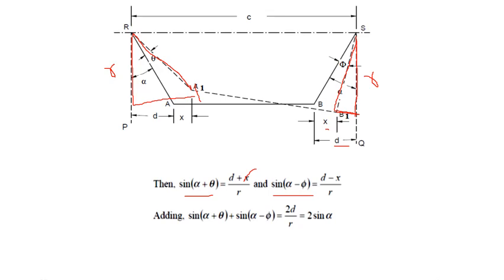The x and x get cancelled because they have opposite signs. So it becomes 2 times sine alpha, because in this triangle sine alpha represents opposite side by hypotenuse, that is d by r. In place of d by r, I will write sine alpha.